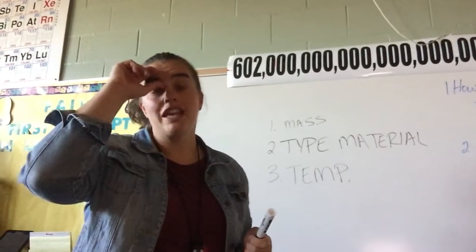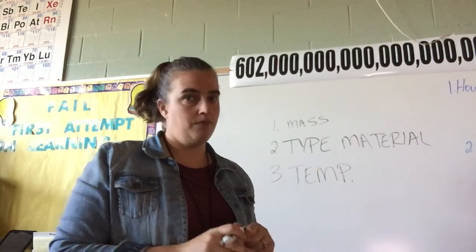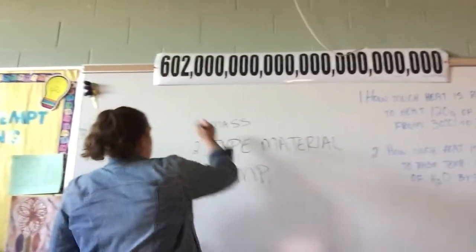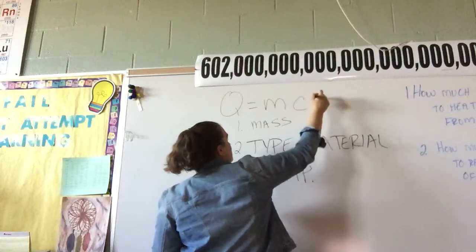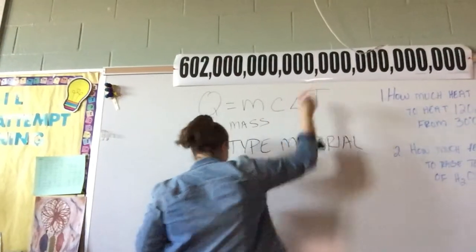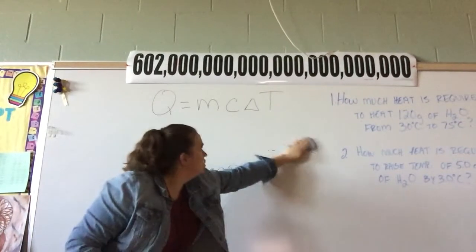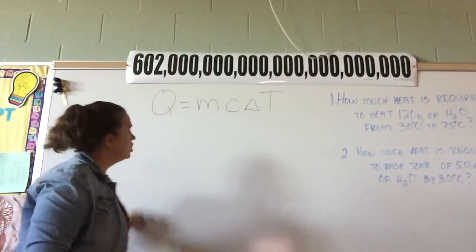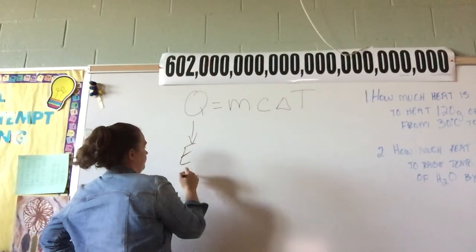When we calculate this, there is a formula that you're going to need to know: Q is equal to mc delta T. So what does each of these mean? Q is my energy.